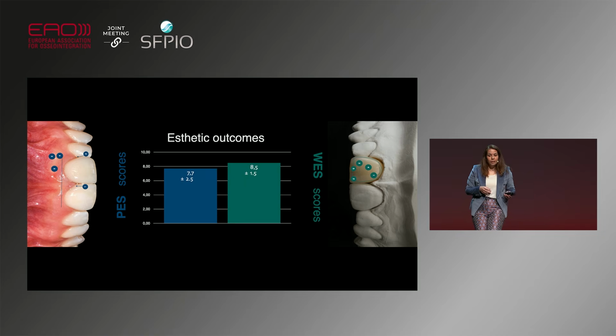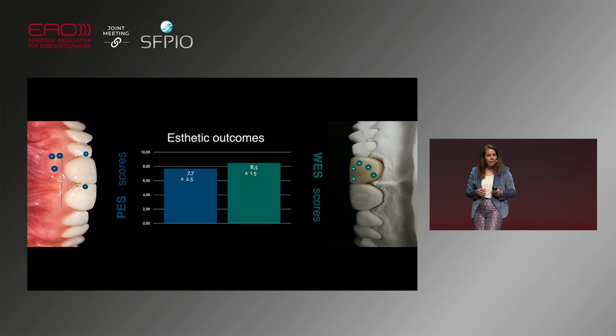On the one side, you see the soft tissue parameters, and the pink esthetic score is quite high. 10 is the best you can get. A 7 is pretty good when you consider that some patients had that implant already 14 years in their mouth.